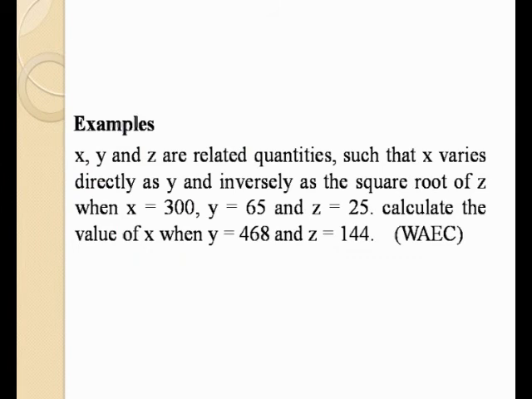Our example says x, y, and z are related quantities such that x varies directly as y and inversely as the square root of z.